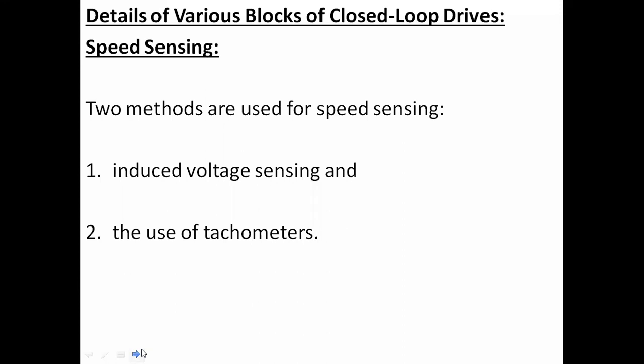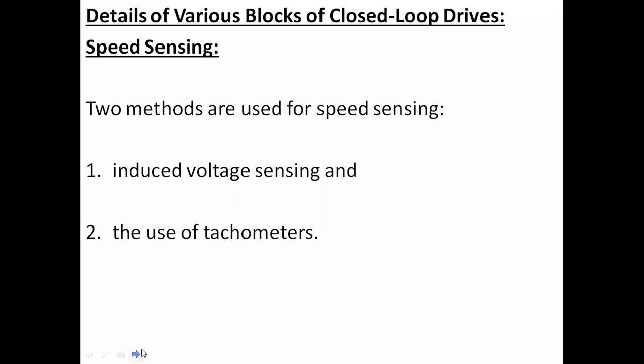The output voltage of the tachometer consists of ripple whose frequency depends upon the speed. If you are measuring at low speeds, adequate filtering can only be done by a filter which has a large time constant. So this affects the dynamics of the drive.